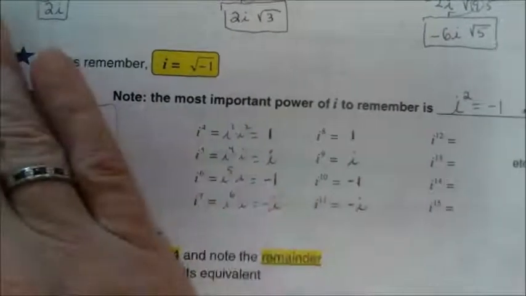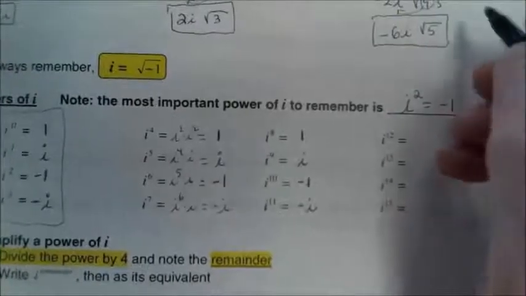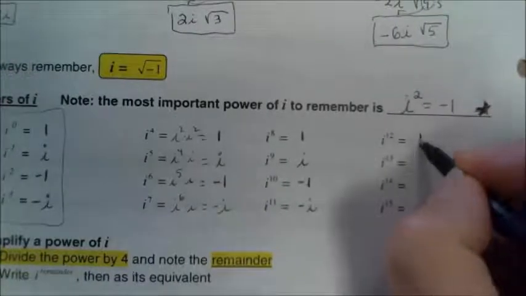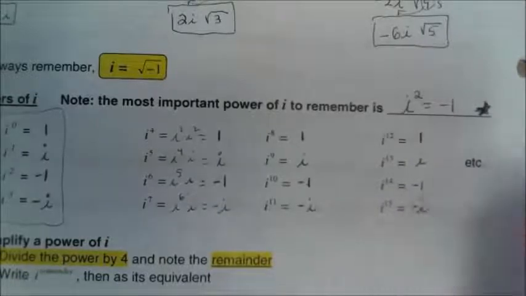And you can go around again forever and ever. You can get greater and greater powers of i, 12, 13, 14, 15, but it's going to follow the same pattern: 1, i, -1, -i.